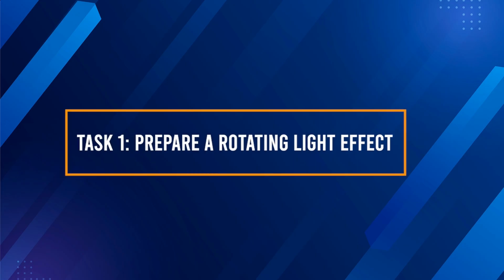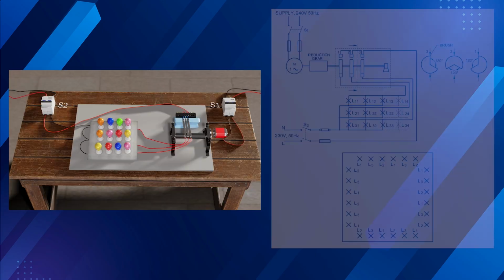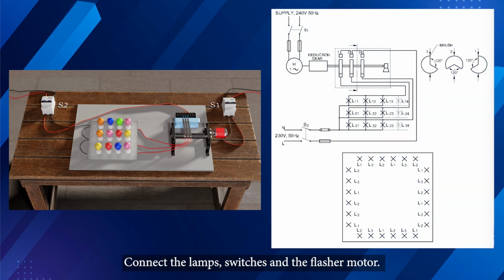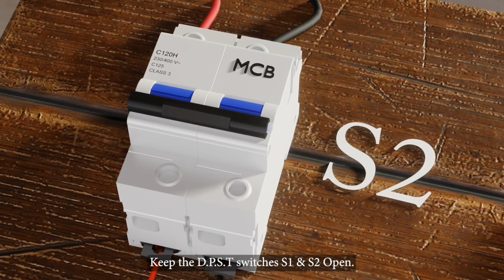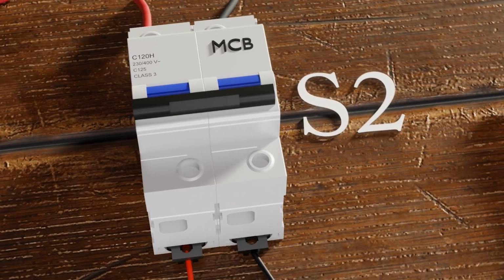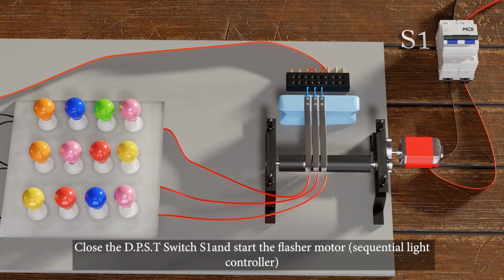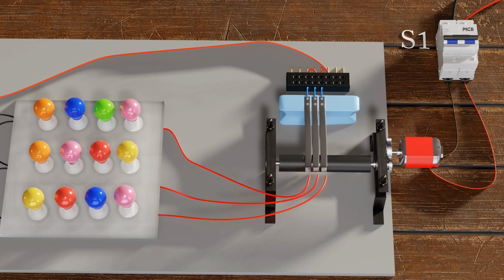Task 1. Prepare a rotating light effect. Connect the lamps, switches, and the flasher motor. Keep the DPST switches S1 and S2 open. Close the DPST switch S1 and start the flasher motor, sequential light controller.